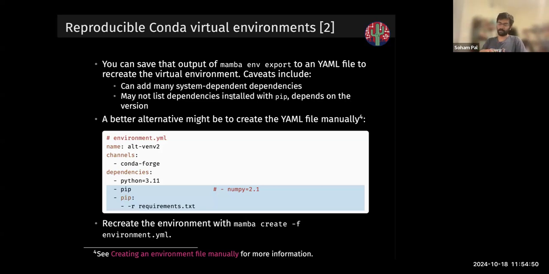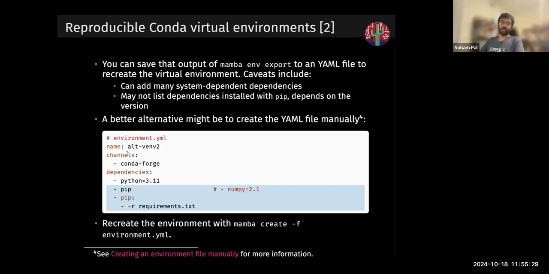So it might be better that you first manually create this environment.yml file, in which you mention all the dependencies, and then you can create and install packages from that file just with this command called mamba create -f and the file name.